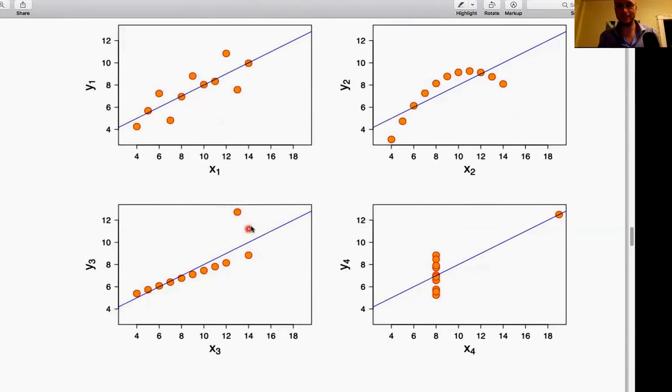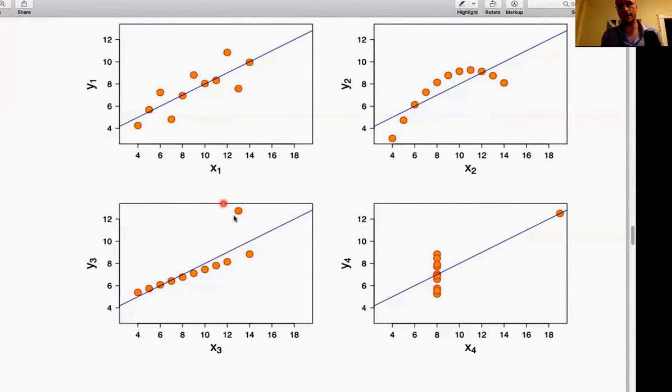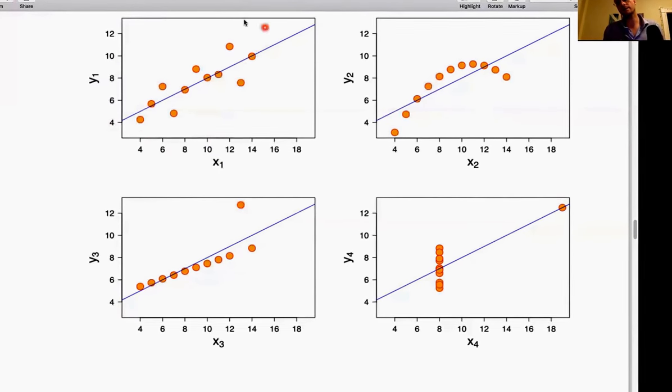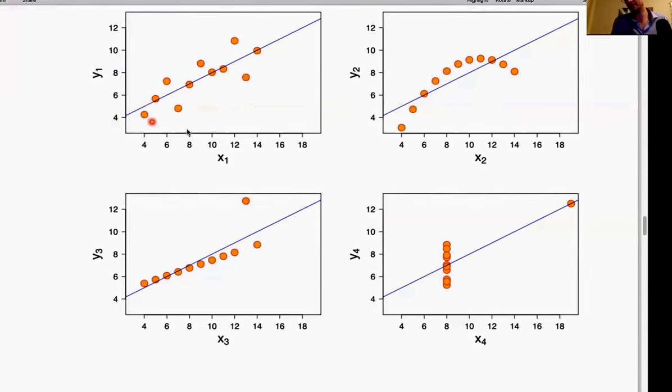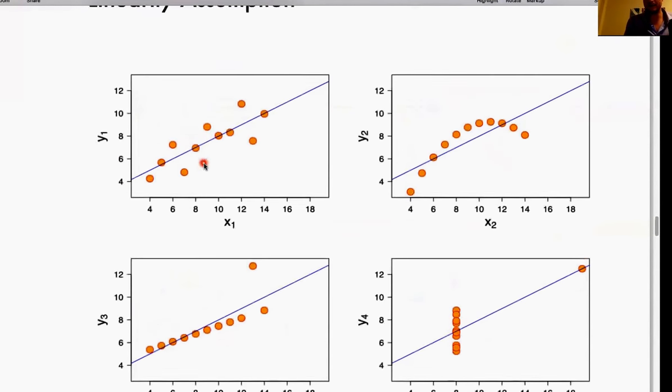Well, this is a good case of an outlier that pulls a bivariate relationship in a way that misrepresents the overall distribution. So this is a misrepresentation of the overall distribution due to an outlier. This is an adequate yet imprecise estimate, which is okay. This is what I'd expect.